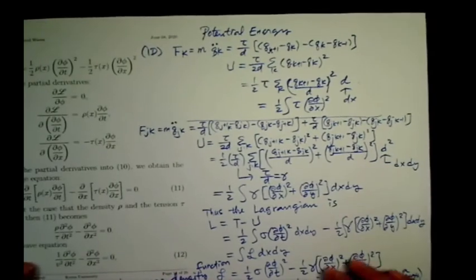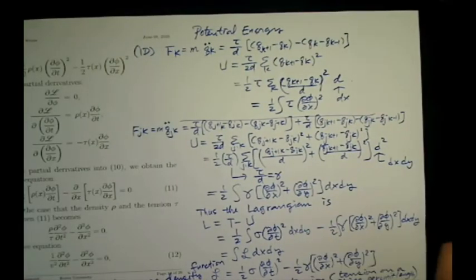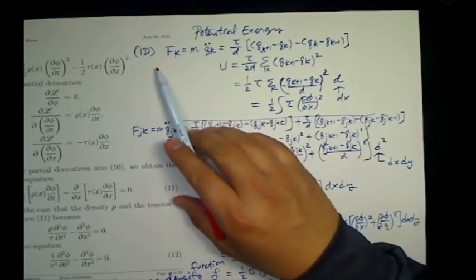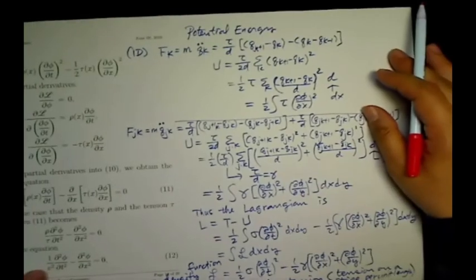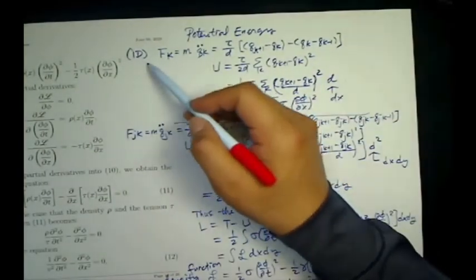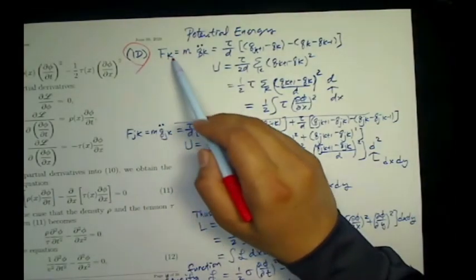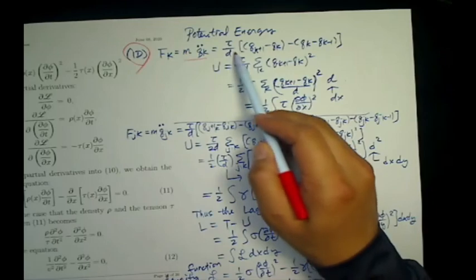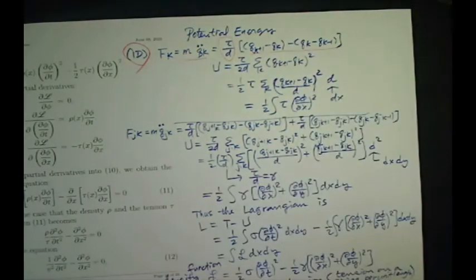So let us compute the potential energy of this surface case. Let us recall the one-dimensional case. We had the force, and we have tension divided by spacing and this vector.